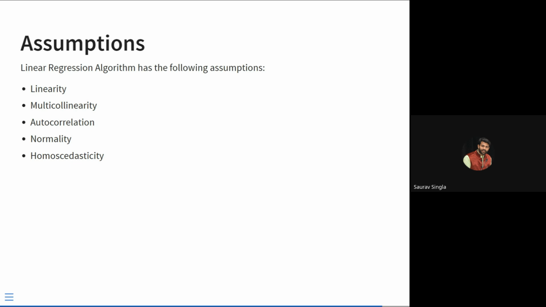X is not necessarily causing Y, or even if it is causing it, it is not regression analysis by which we can establish that X is causing Y. Causal analysis is a different thing.